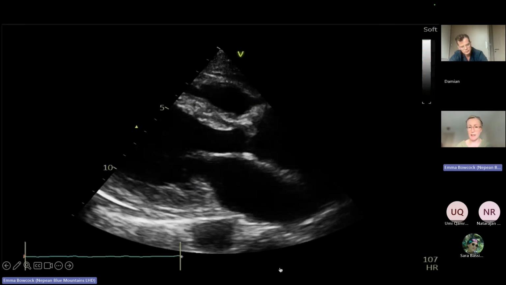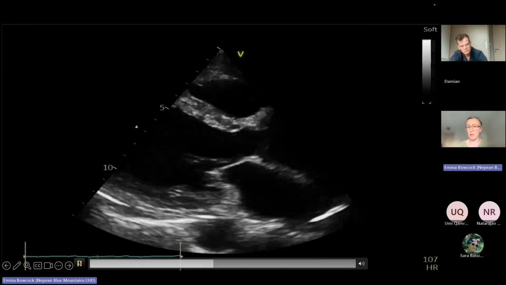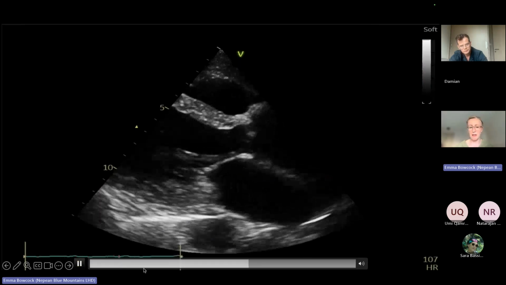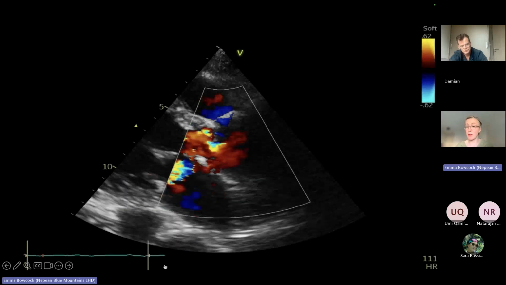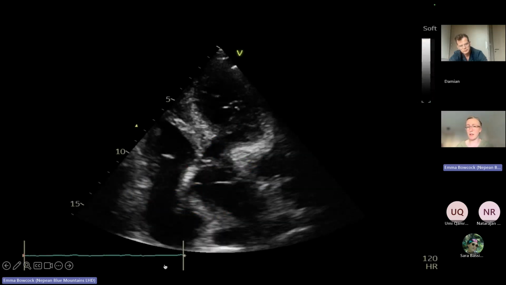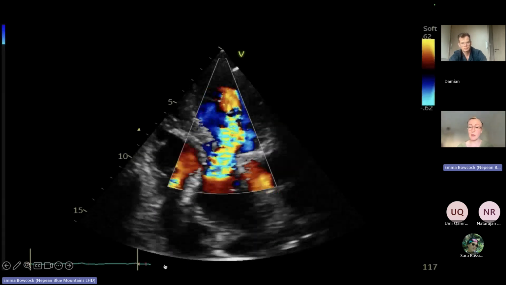But if we just go back to the initial parasternal, she's got significant LV impairment as well, and a big LA. So it's just the way that you're cutting through that on the 5-chamber, which is why we don't really comment on function so much in a 5-chamber, and that's why we do it in a 4, because you're cutting through the more anterior part of the heart, so you get a false sense of security. Right, color on this too.